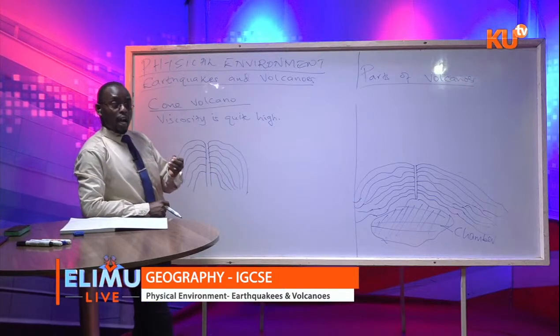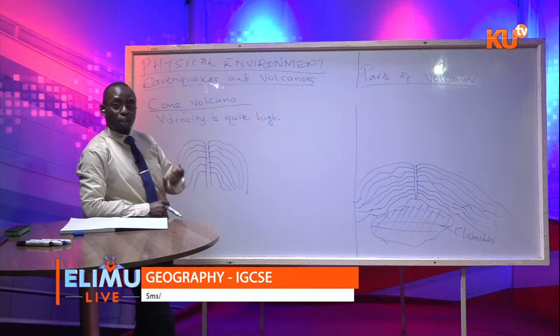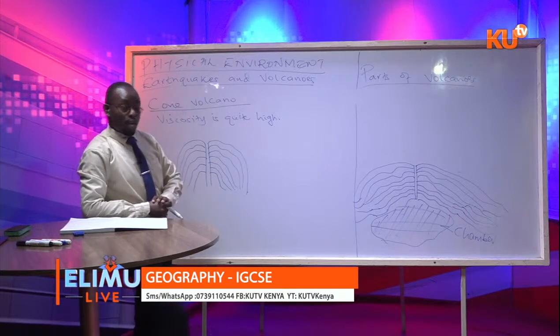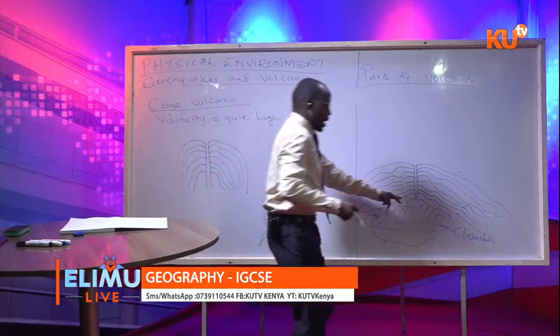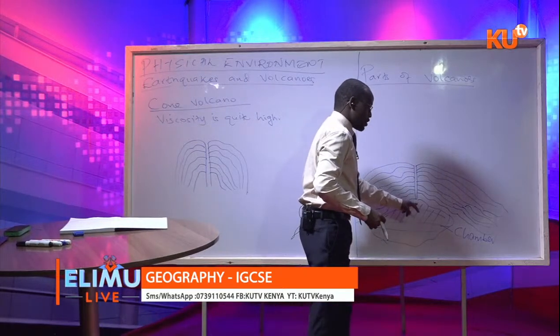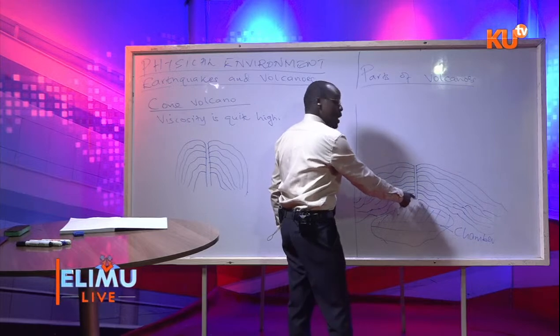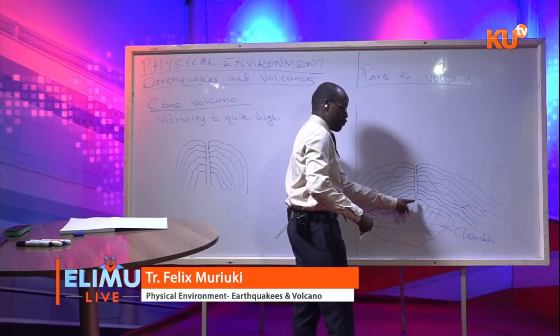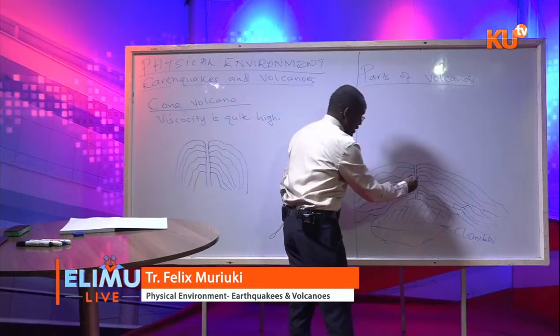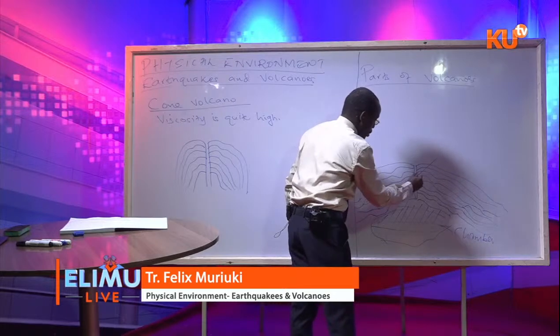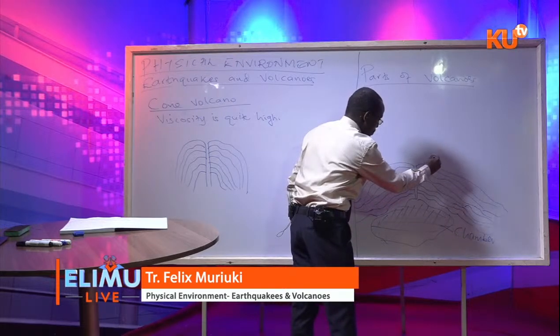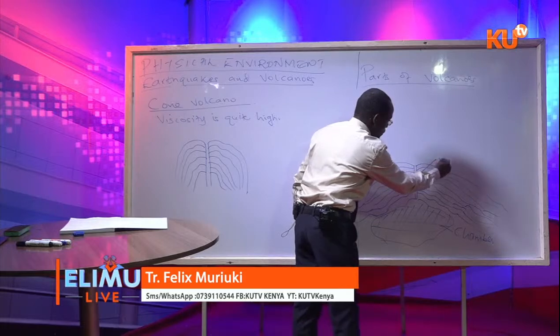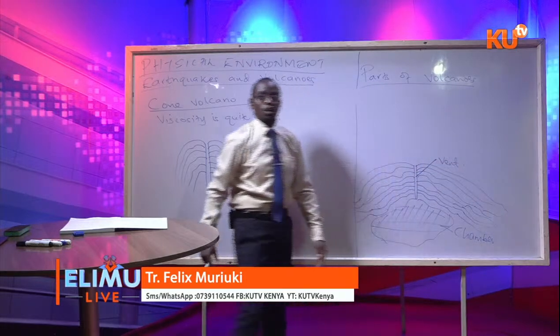And as I have said earlier, this magma is always in a molten state, stored in the upper part of the mantle. Therefore, if there is a way for this magma to come out, it must come out through this way. And this is a pipe, and this pipe is called a vent.